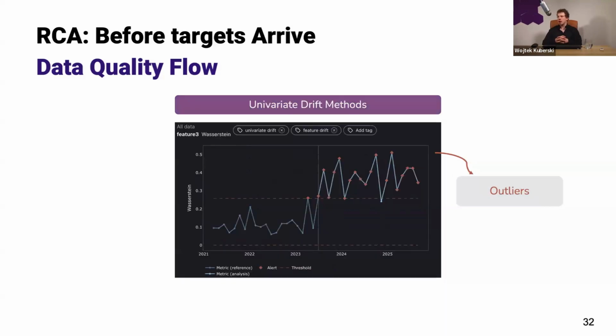Then outliers: again, we're just looking at Wasserstein, and because it is so sensitive to outliers, if Wasserstein increases significantly more than Jensen-Shannon distance, then we're most likely dealing with outliers, and we have to look at it on an instance-level basis when we try to find specific outliers.